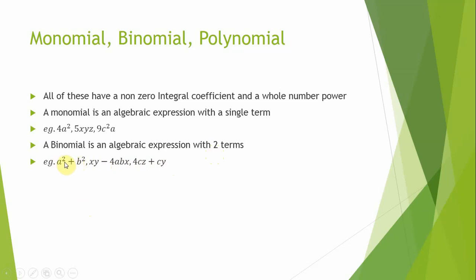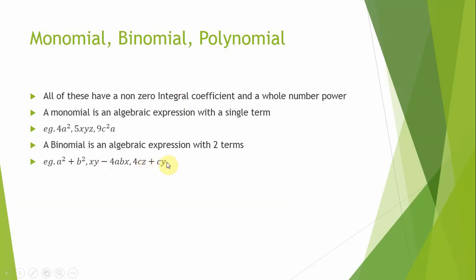The powers would be 2 and 2 here. In this expression, it's 1, 1. The powers would be 1 and 1. Here also 1, 1 and 1. And the coefficients would be 1 here and minus 4 here. In the third binomial, we have the coefficients of 4 and 1 and the powers of 1, 1 and 1, 1.